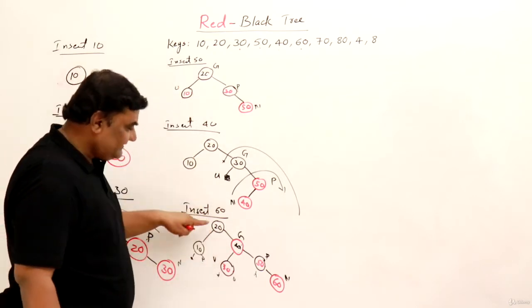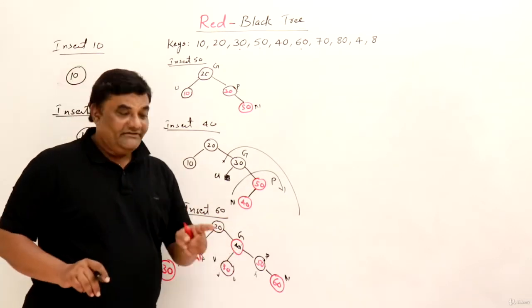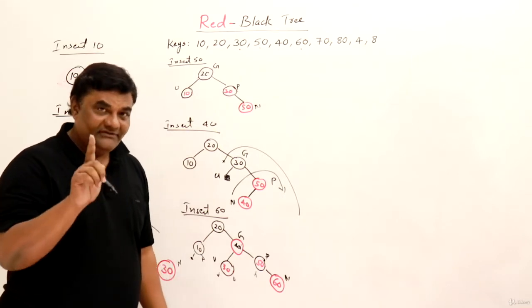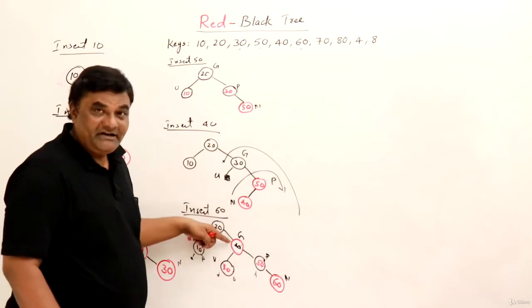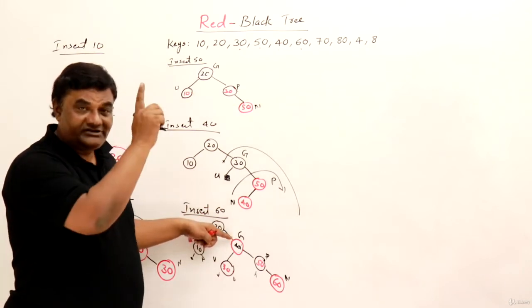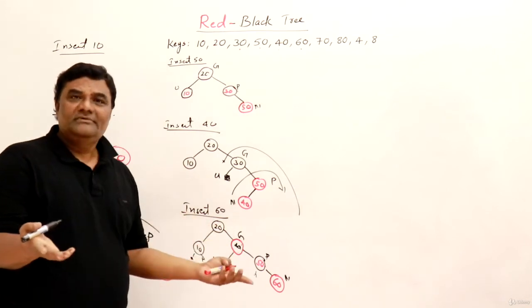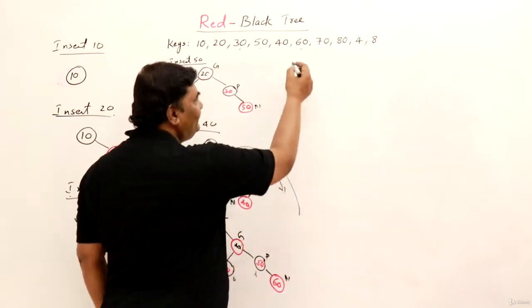If you have red under this black, then no problem. If there is red, then we have to continue. So one more thing we learn here is that after recoloring, when the grandparent becomes red, again you have to check it in its ancestors. Parent is black, so no problem. Stop. Now I will take this same tree here.